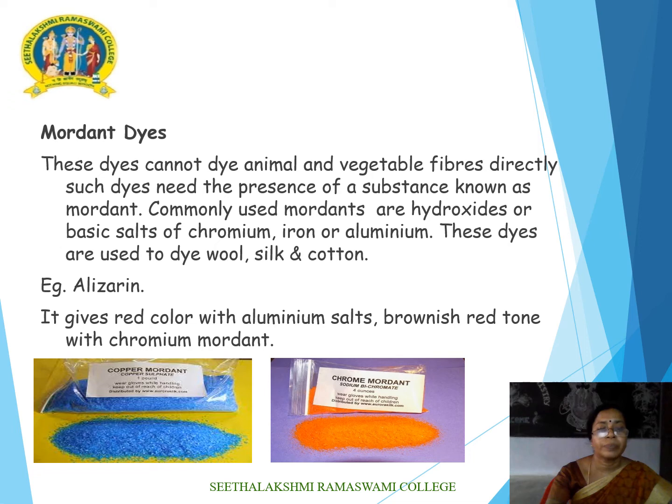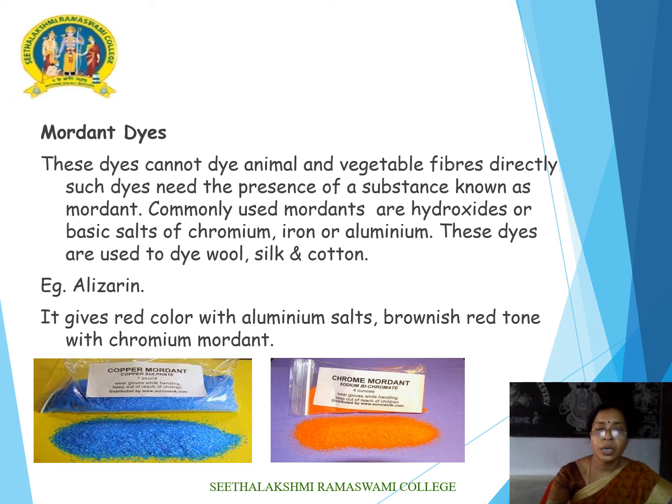Mordant dyes. These dyes cannot dye animal and vegetable fibers directly. Such dyes need the presence of a substance known as a mordant. Commonly used mordants are hydroxides or some basic salts of chromium, iron or aluminium.